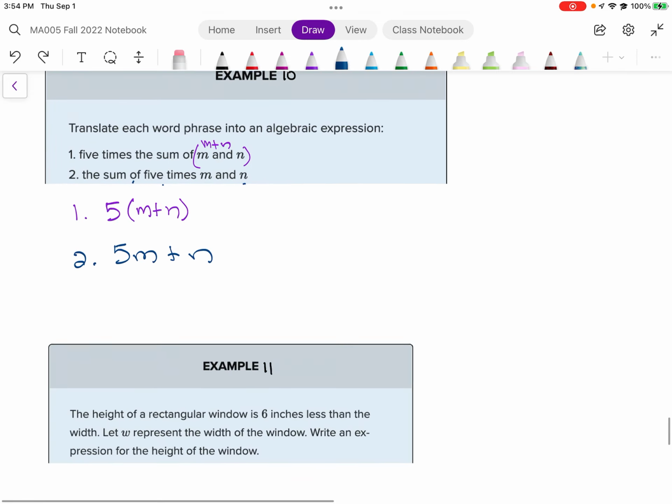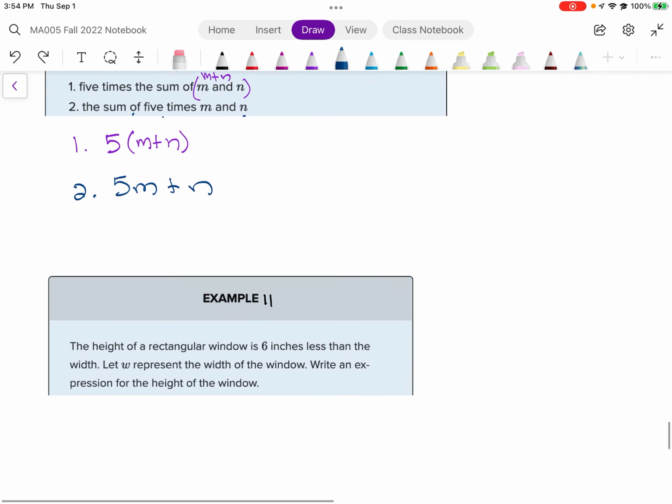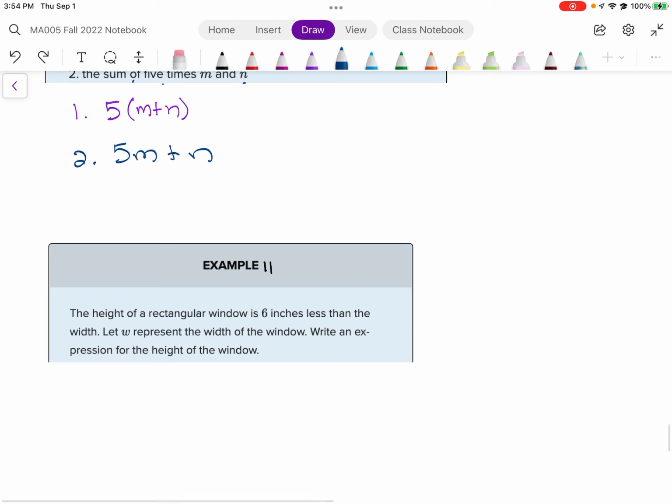All right. Few application problems. The height of a rectangular window is 6 inches less than the width. All right, so I'm just going to draw it. W is going to represent the width of the window.